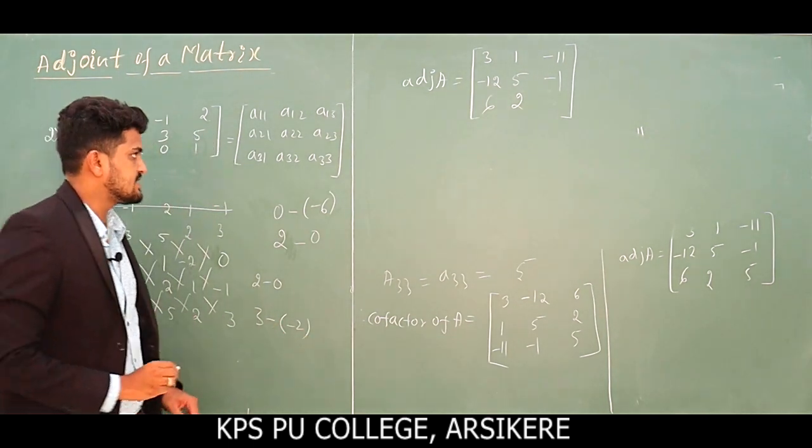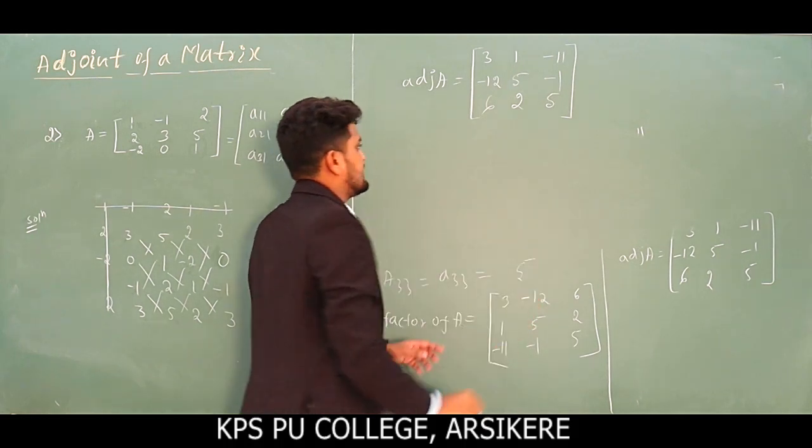So minus into minus +2, 3 + 2 is 5. Again we get the same answer.